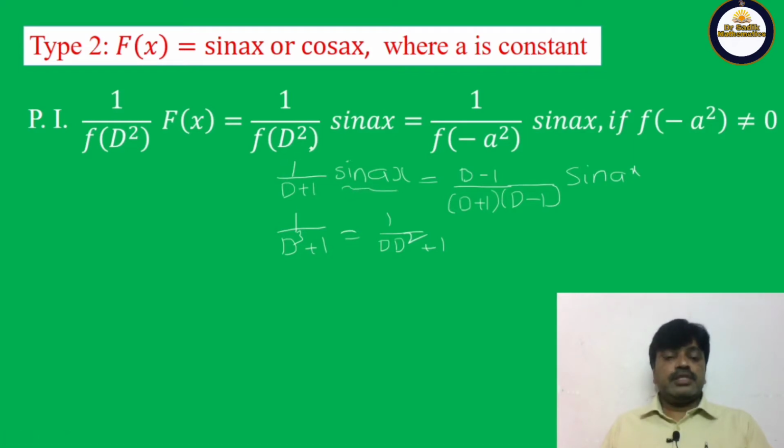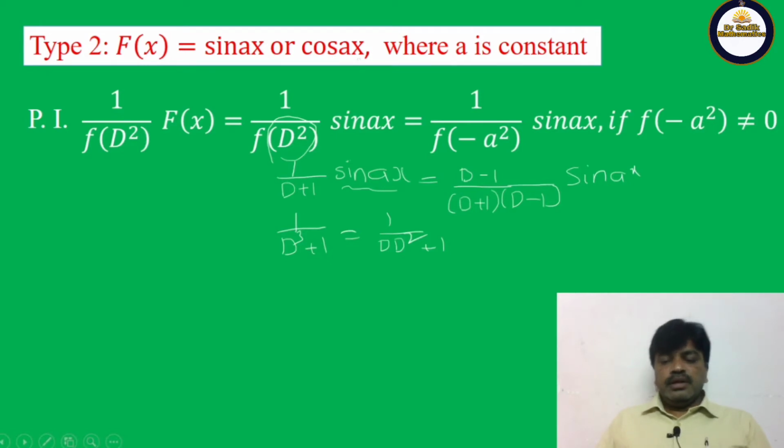Please remember, whenever there is a D², only then do we replace it with the constant. Otherwise we cannot. If there is a D, we simply rationalize. If there is a D³, we write D into D². In this way we can find the particular integral for sin ax or cos ax.